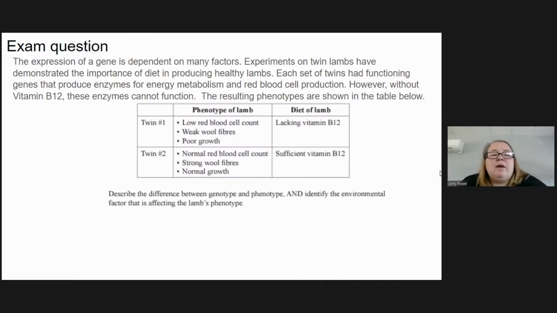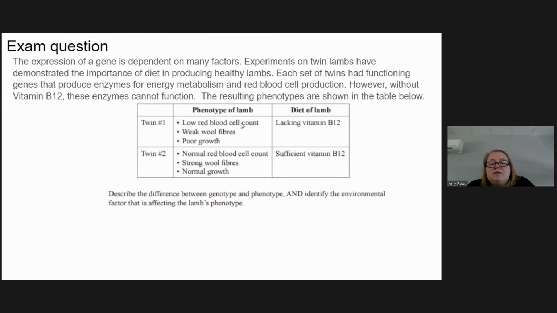Let's have a look at one last exam question. The expression of a gene is dependent on many factors. This question is about an experiment on twin lambs and the importance of a diet in producing healthy lambs. Each set of twin lambs had functioning genes that were able to produce enzymes for energy metabolism and red cell production.